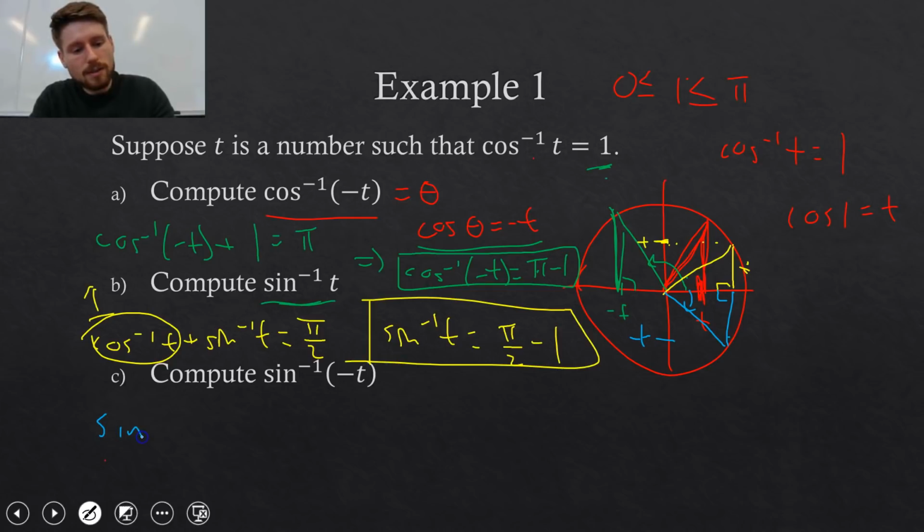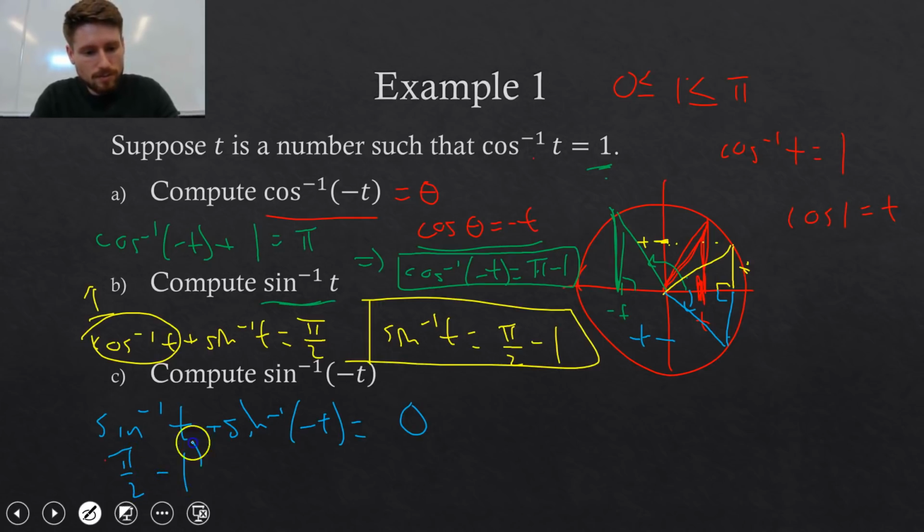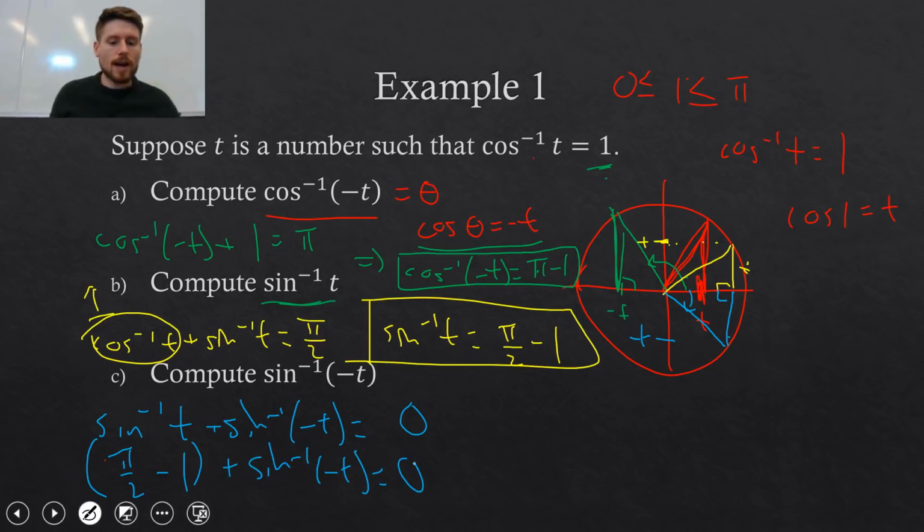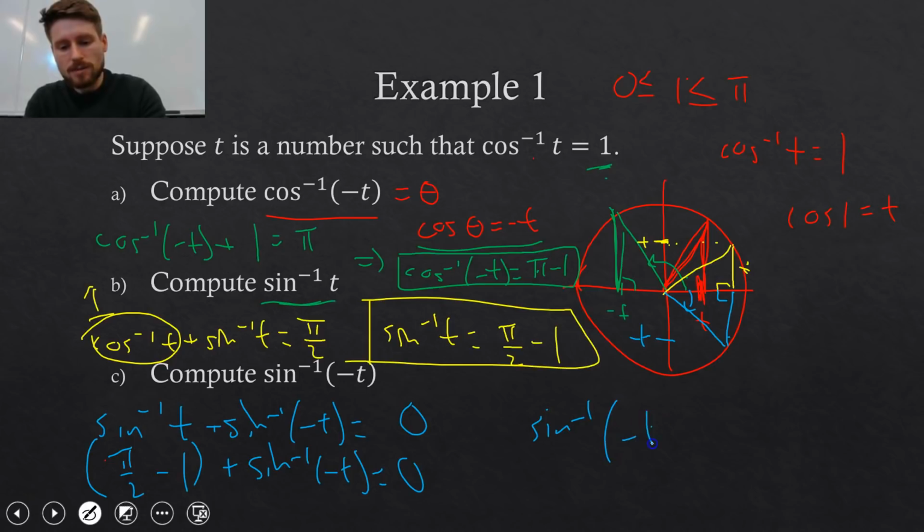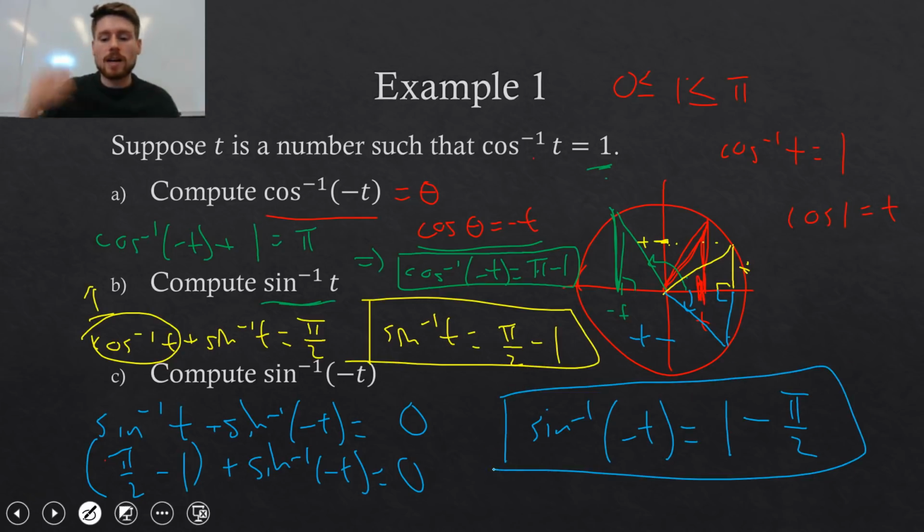Remembering this formula, sine inverse of t plus sine inverse of negative t equals 0. And this guy here is pi over 2 minus 1. So we're going to solve for sine inverse of negative t. We can add 1 and subtract pi over 2. So that tells us that sine inverse of negative t equals 1 minus pi over 2. So it's simply the negative of sine inverse of t.